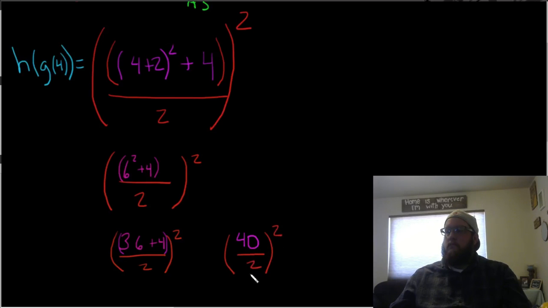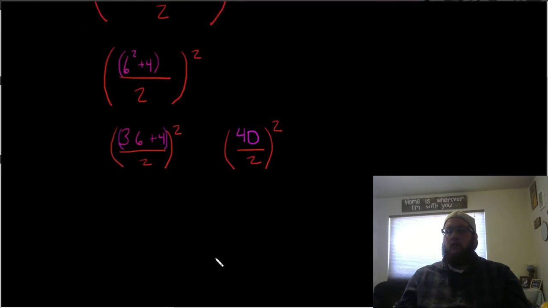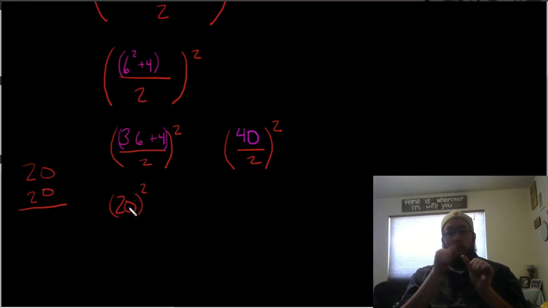Now I can take 40 divided by 2, which is 20. And now we can square it. Now we've gotten rid of this fraction. We're just left with 20 squared. Let me just multiply those. Remember, again, the big mistake people make here is doing 20 times 2.